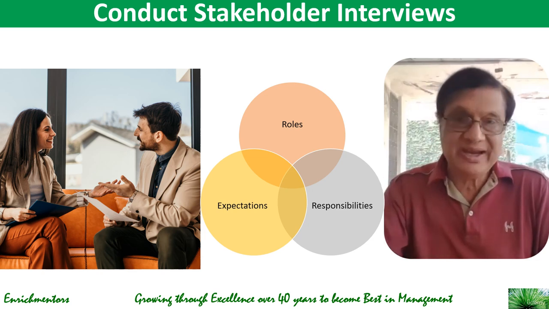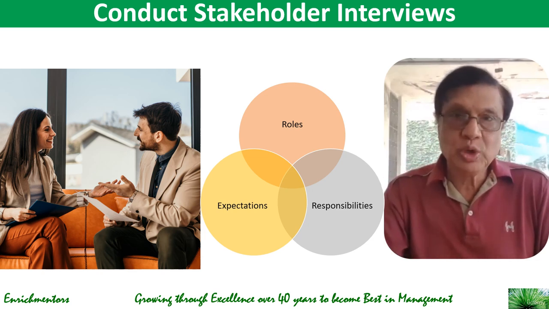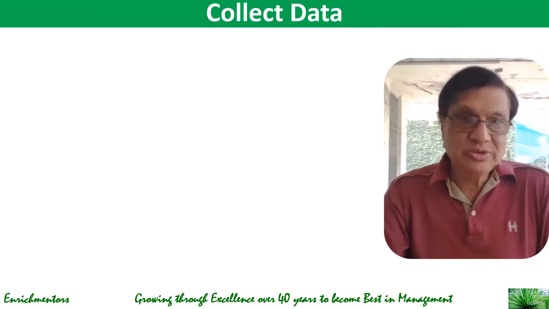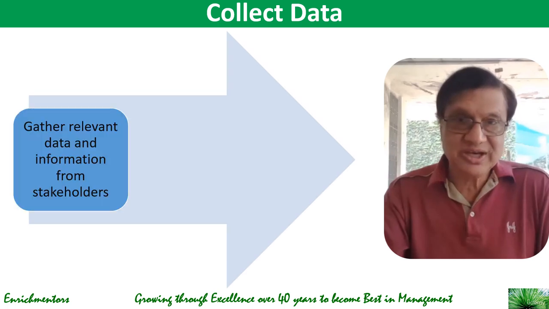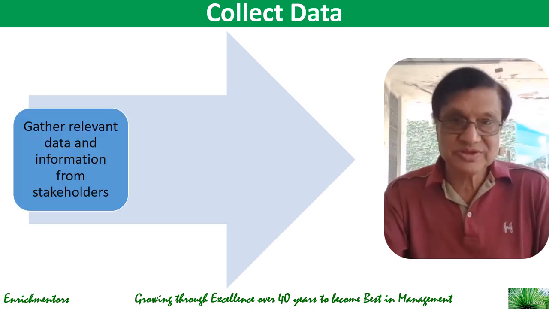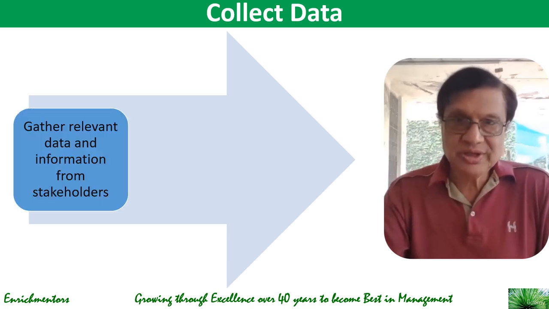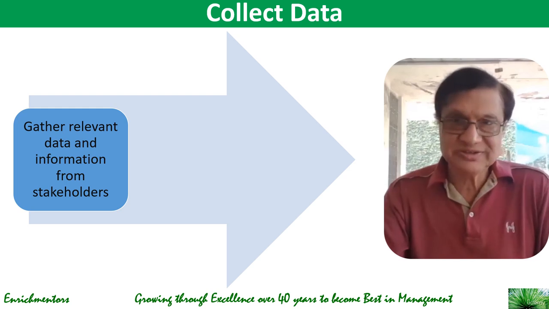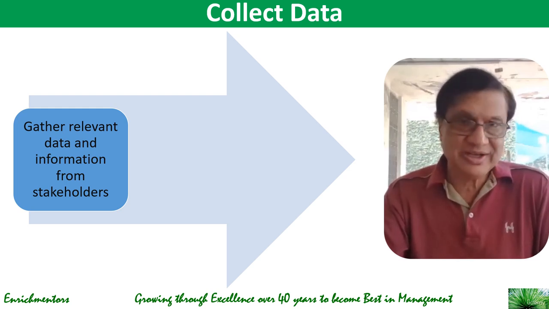Expectations would be the direct input to what they would like you to do in this project. Then you need to gather relevant data and information from stakeholders. This could include business processes, data sets, reports, and documentation or anything else.